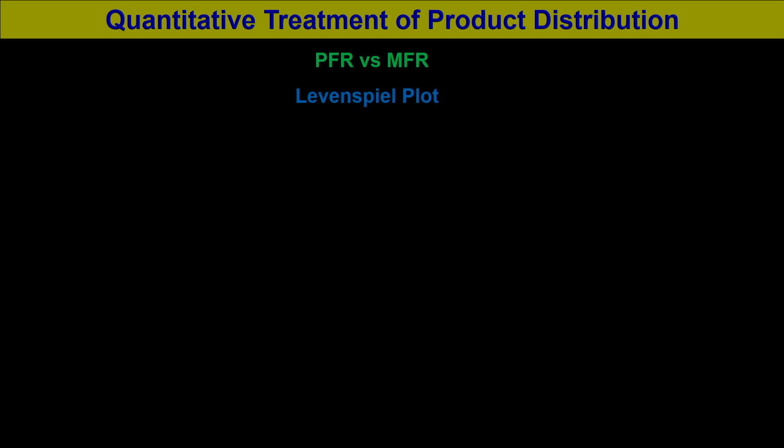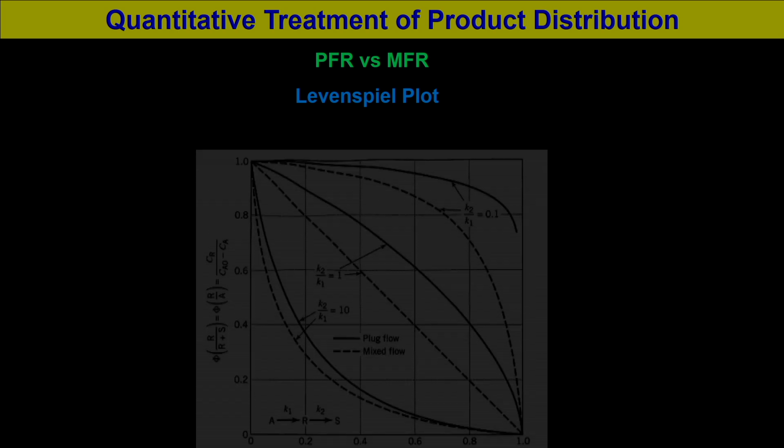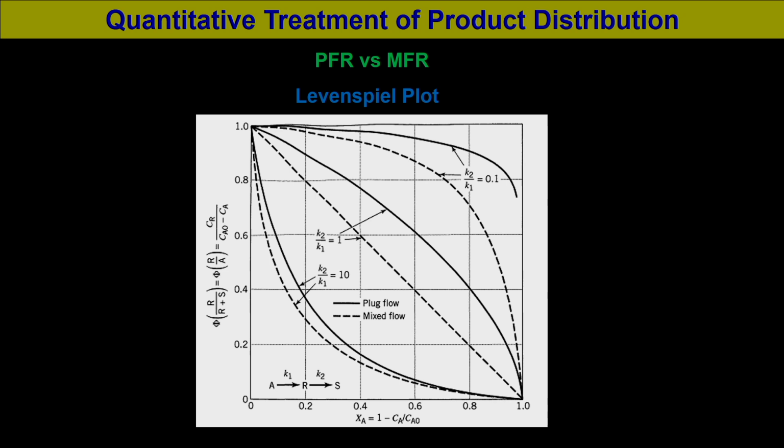Now, if you consider quantitative treatment of the product distribution for PFR and MFR, if we compare among these two, we can see from the Levenspiel plot the fractional yield phi of R by R plus S, which is equal to phi R by A, and CR by CA naught minus CA versus conversion plot over here.